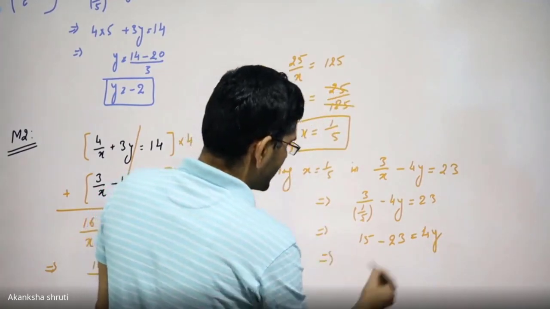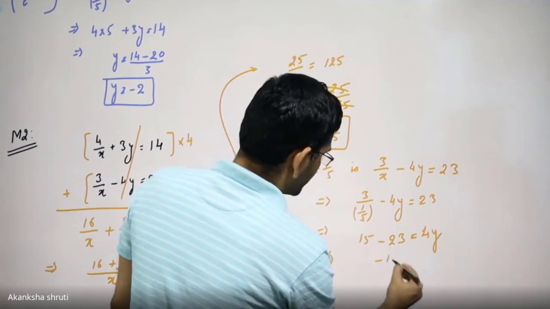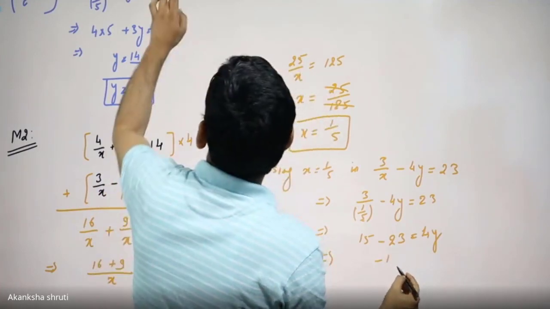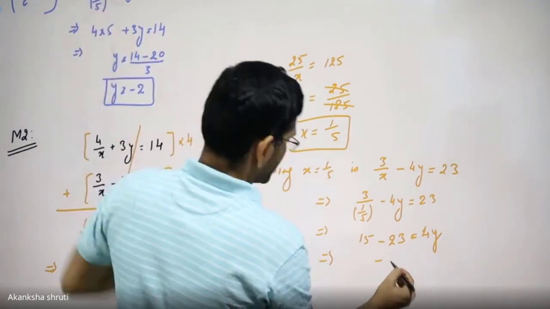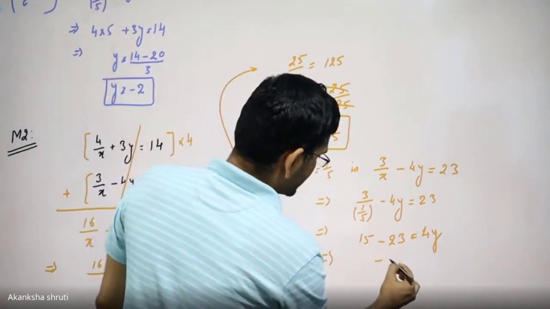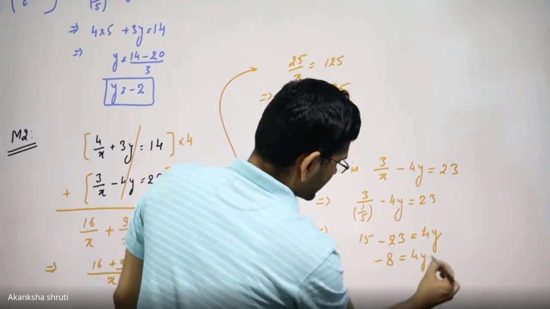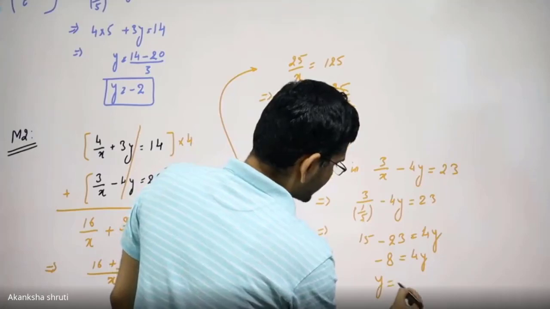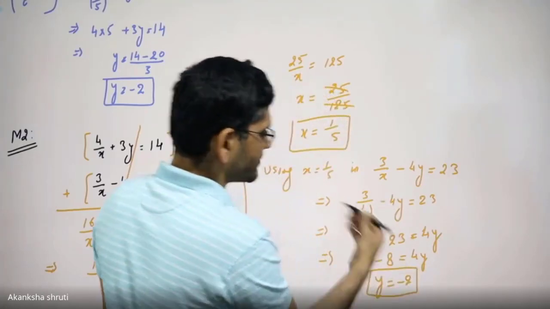So this implies it is our minus of 12. Oh, sorry. So go on subtracting. It is minus of 8 is equals to 4y. Again, you will get y as minus of 2. So therefore, we are getting the same result.